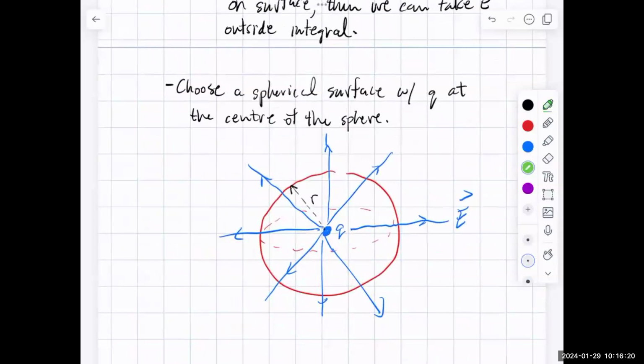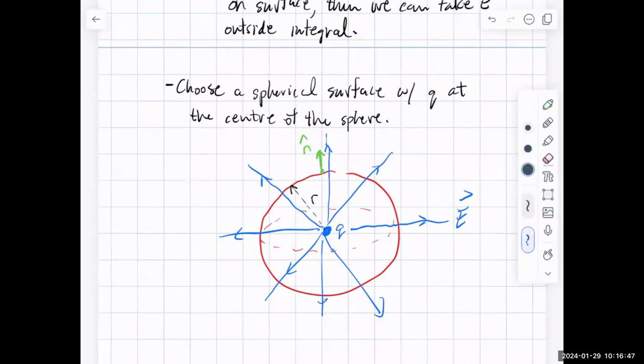All right, now, if we remember how we defined our unit vectors, our normal unit vectors for our surfaces, if we have a closed surface, we choose those normal vectors to point outwards. And so over here at this point, an outwards pointing normal vector is something like n hat.